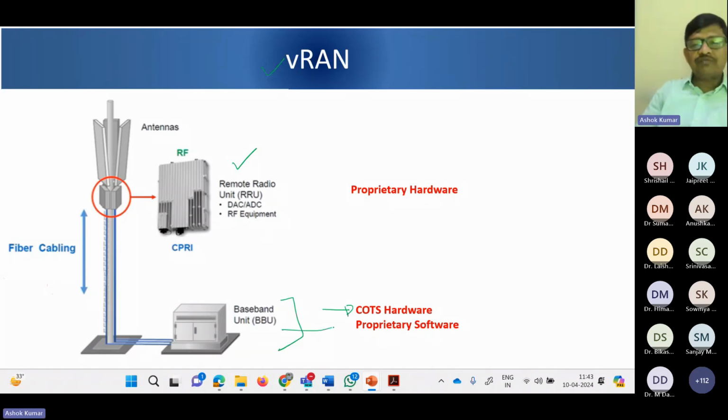The BBU software, which handles the physical, MAC, RLC layers, etc., is still proprietary software, and the interface is also proprietary. So what has opened up in virtual RAN is that the BBU is virtualized and can be installed on COTS hardware. This is the virtual RAN concept which many OEMs talk about.